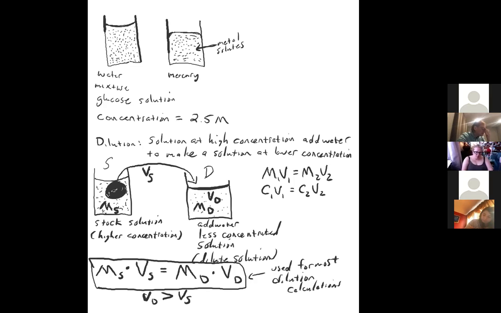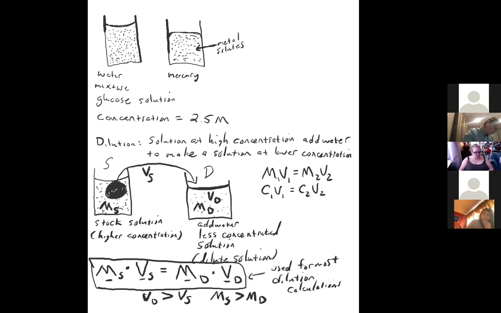And mathematically, if this number here is bigger than this number here, that means this one over here has got to be smaller than that one. That's the only way it works out mathematically. So that also means the molarity of the stock will be greater than the molarity of the dilute. Okay, so you start with a higher concentration, you finish with a lower concentration. You start with a smaller volume, but you end with a larger volume.